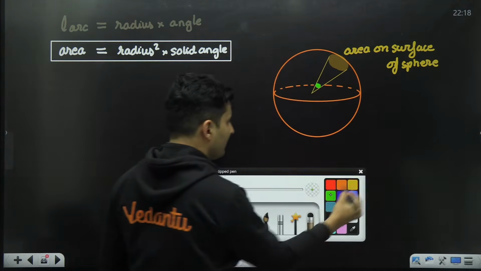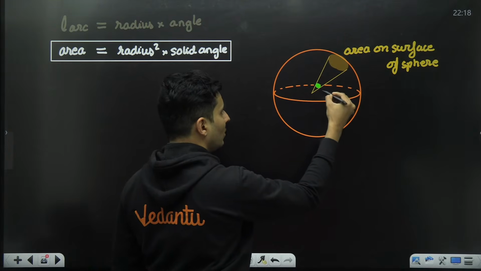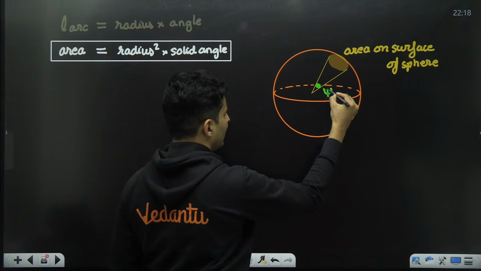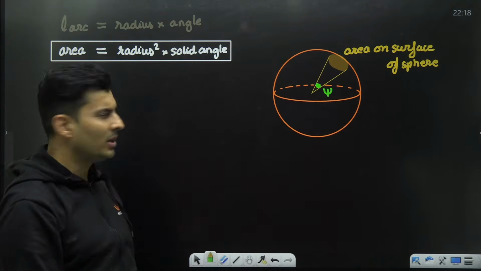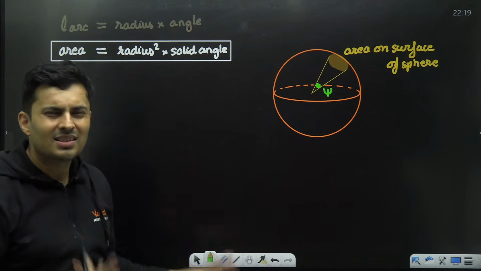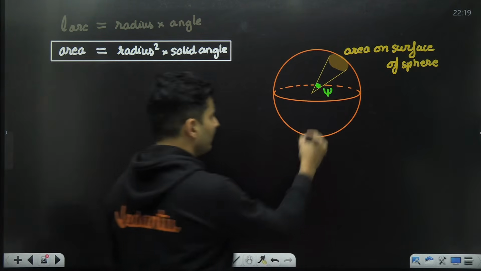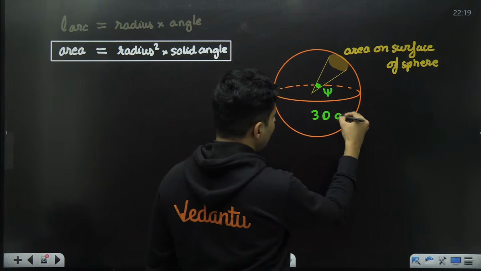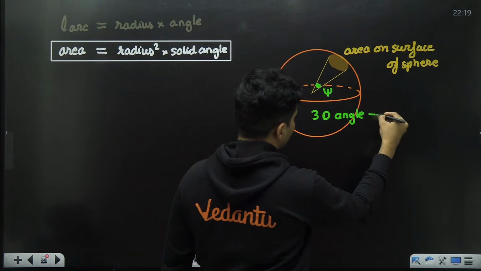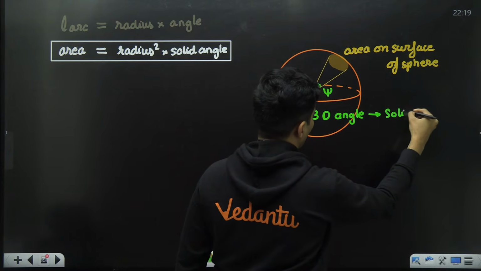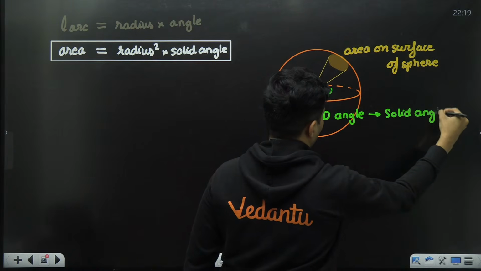This small thing which is subtended, it is in 3 dimension. We call it a solid angle. You can call it psi, phi, whatever you want. Theta, usually we use it for 2D angles. This is your 3-dimensional angle, which is now called the solid angle.